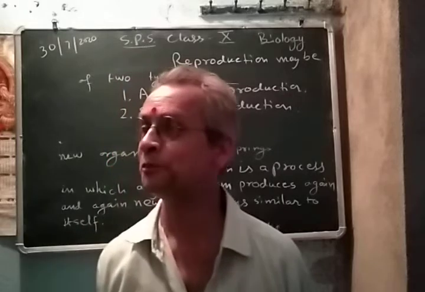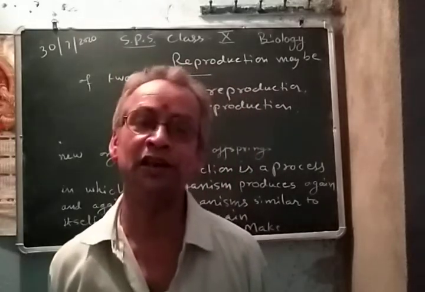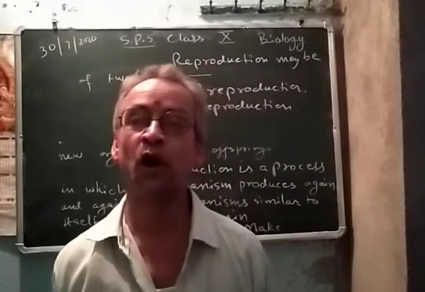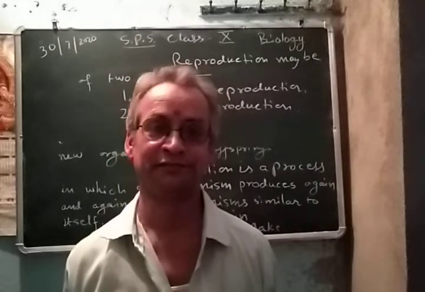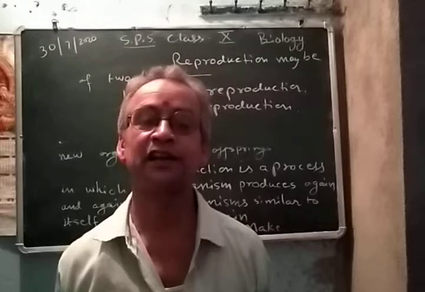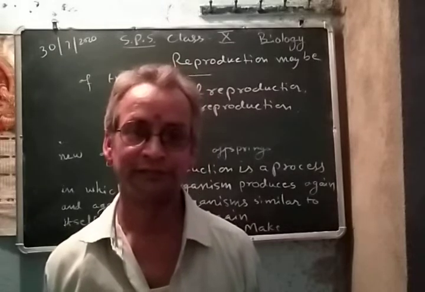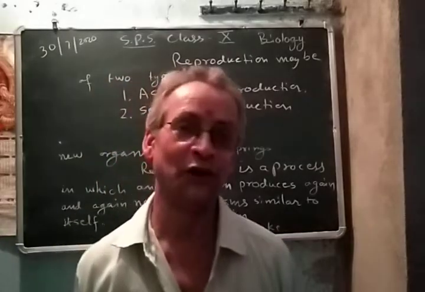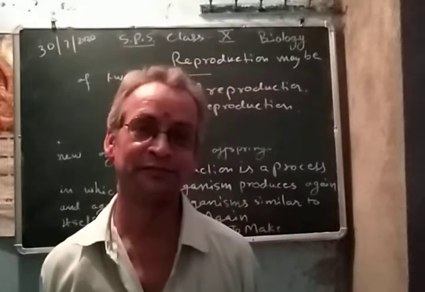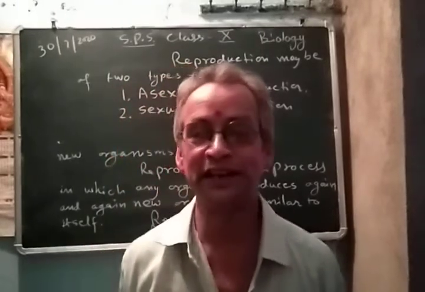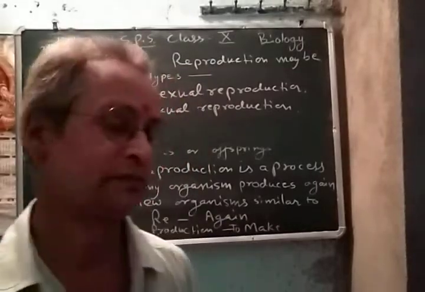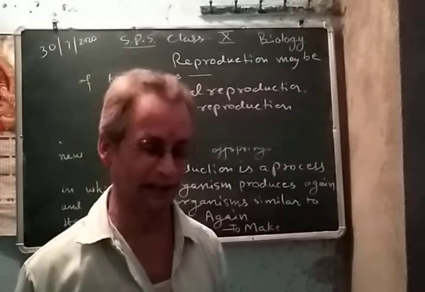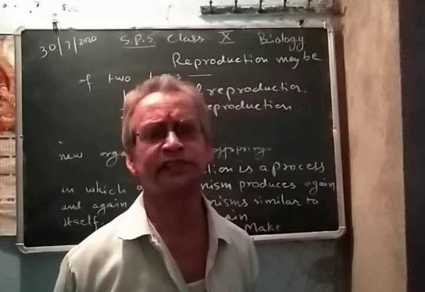Which means male and female organs or male and female characters are found on the same body, such as earthworm. In earthworm, male organ and female organ both are present on the same body. This type of organism is called bisexual.